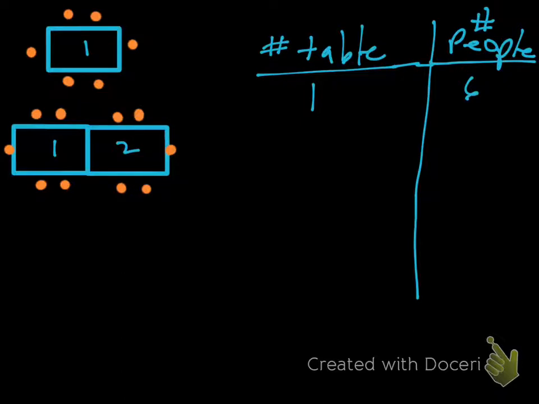All right, so we see here that if you have 2 tables, that basically gives you 10 people.